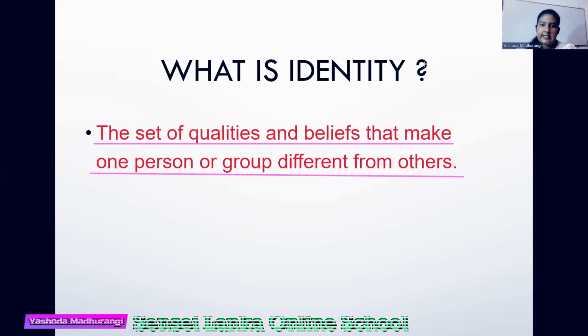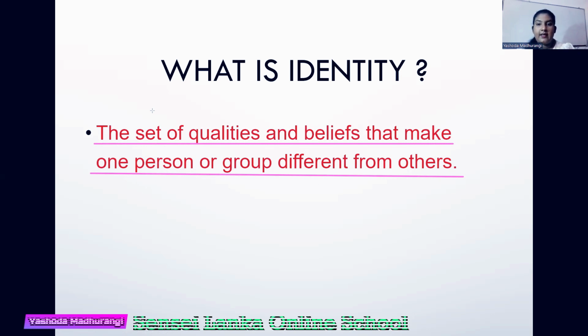That is identity. So when we have different qualities, when we have different skin color, when we believe any religion, it is our identity. By analyzing them, people can understand who we are. People can learn who we are.